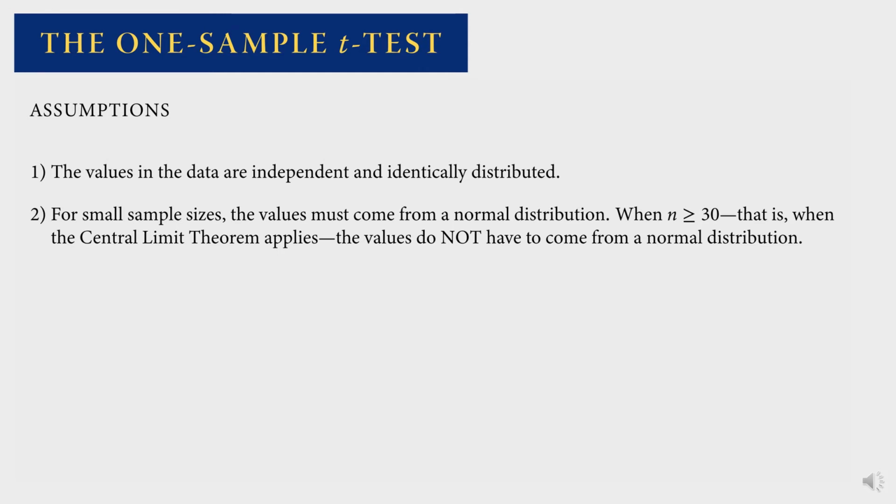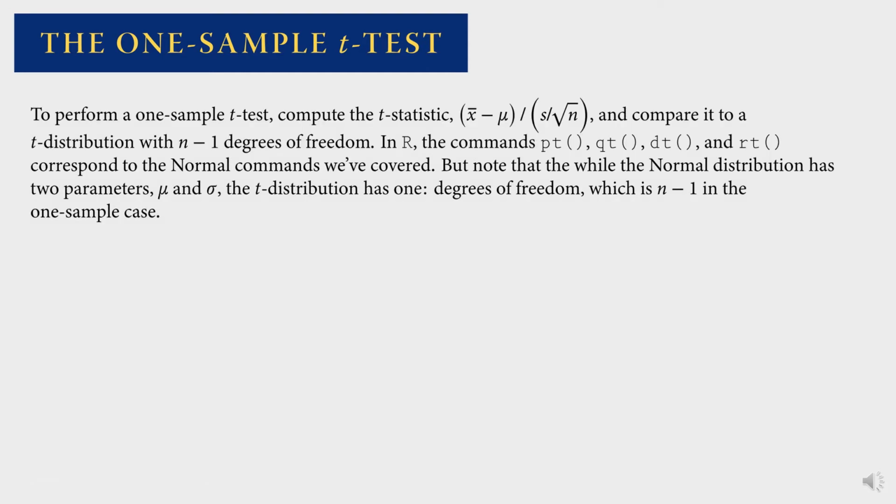If your sample meets these criteria, you can use the t-test to decide hypotheses concerning the population mean. To perform a t-test, we compute a t-statistic and compare it to a t-distribution.